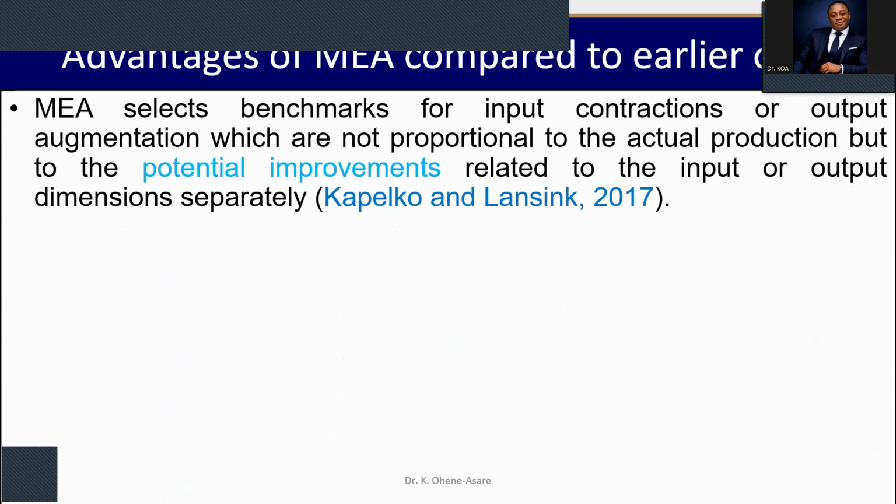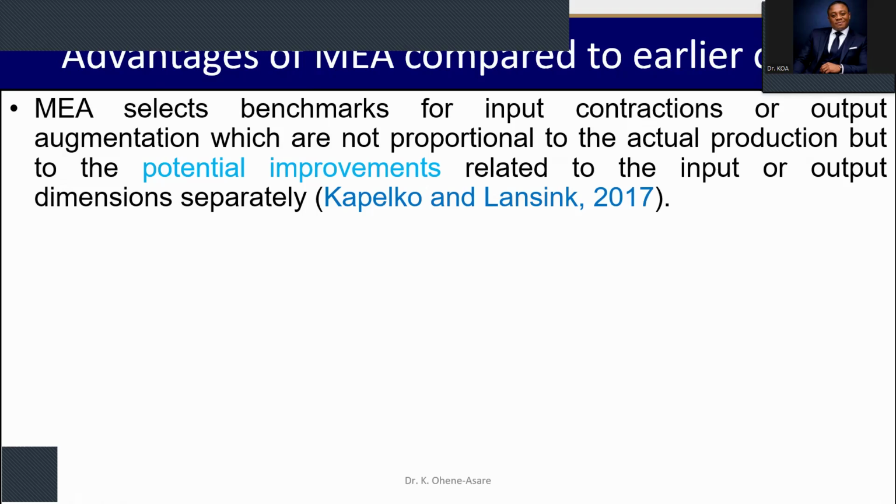So what are the advantages of the MEA? Well, first of all, it's selecting benchmarks. And these benchmarks are non-proportional to the actual production. But even though they are non-proportional to the actual production, they are proportional to the potential improvement related to the input or the output dimensions separately.